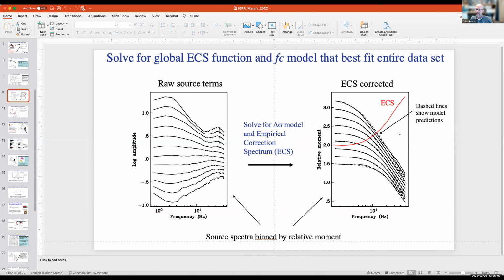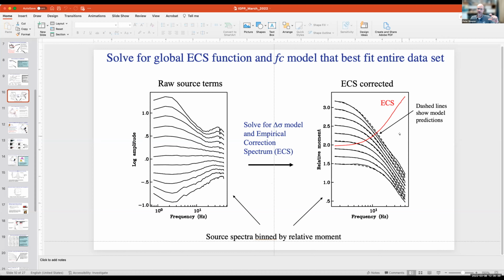And that is going to trade off with the Q structure. Now, the problem wouldn't be as hard if it wasn't for the fact that most of the effects of Q are in the shallow layers. So you don't have a strong range dependence of T star or the attenuation terms.